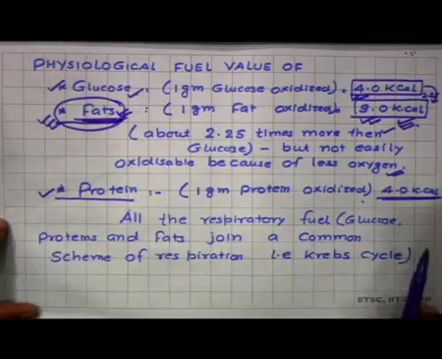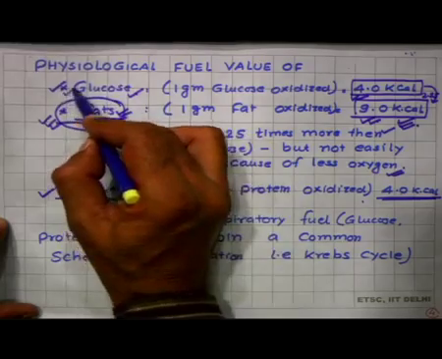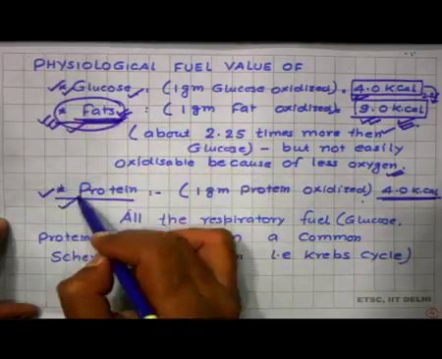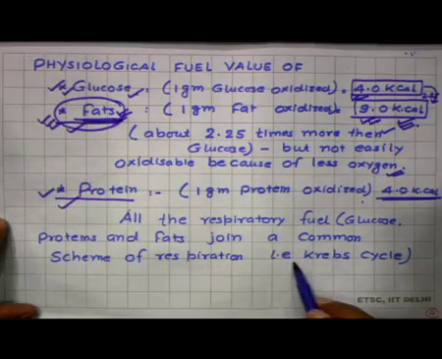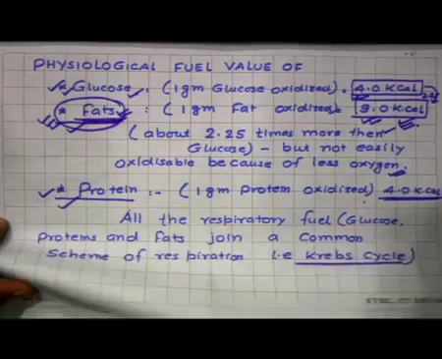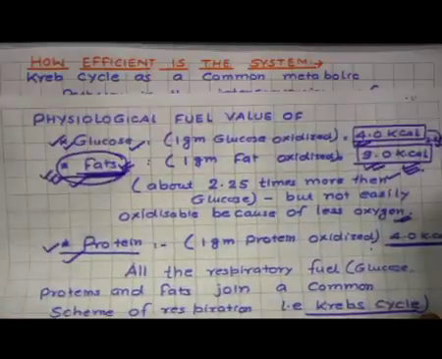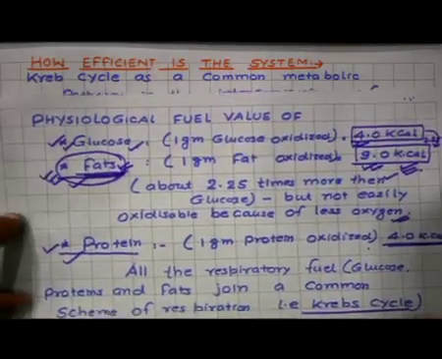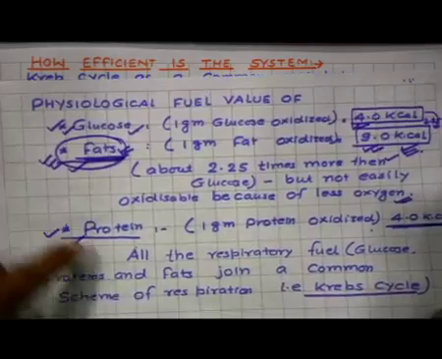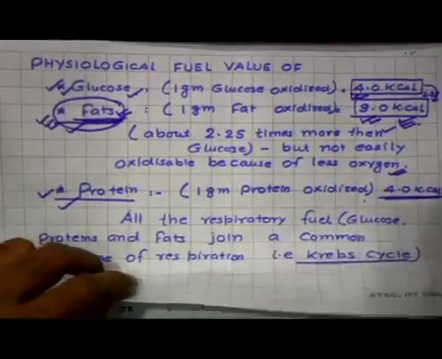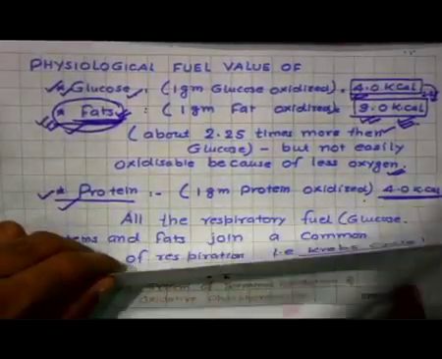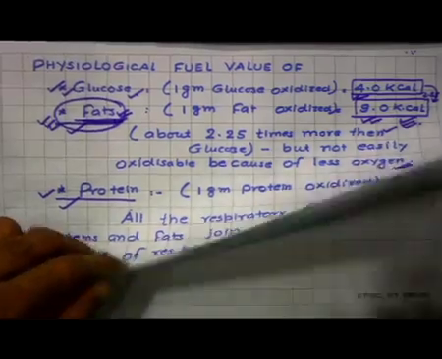All the respiratory fuels, glucose, fat and protein, combinedly enter into the Krebs cycle and the cycle goes on. So, we can discuss here the physiological value of fuel, as well as how efficient our cellular respiration in the living system is.